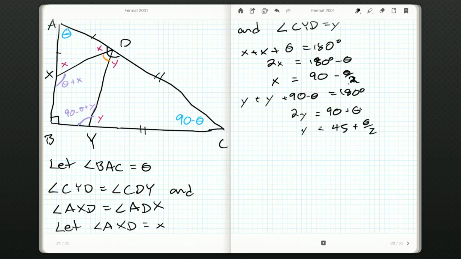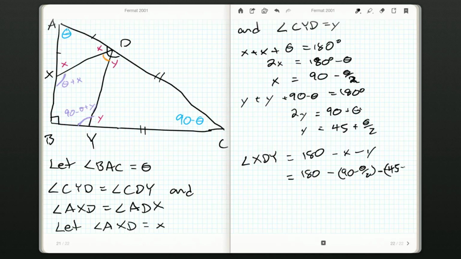Okay. The angle that we want is 180 degrees minus x minus y. That's 180 minus 90 minus theta by 2, minus 45 plus theta by 2.